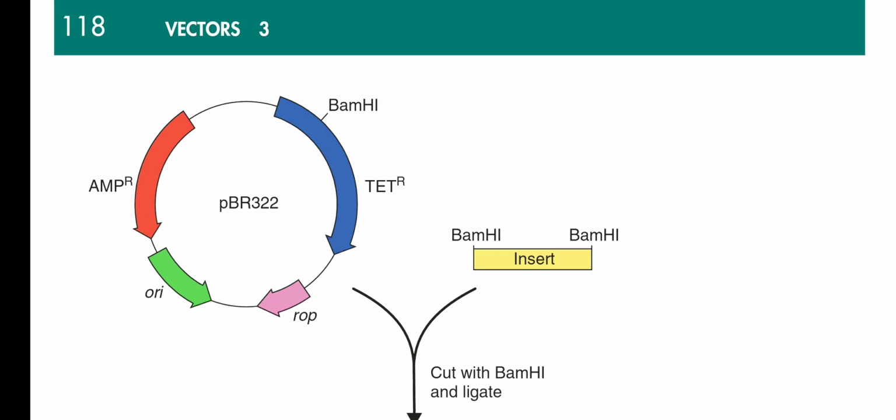So to get an insert DNA fragment, we have to isolate those particular segments using an enzyme like BamHI, which can cut those sites, and then we apply BamHI to cut the plasmid.